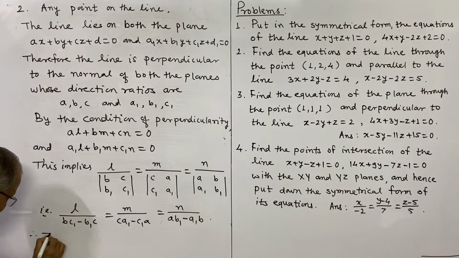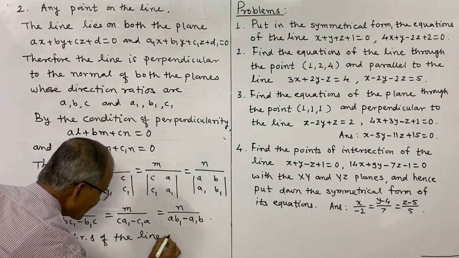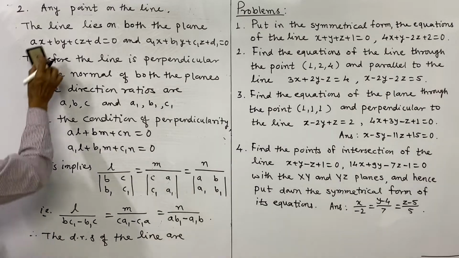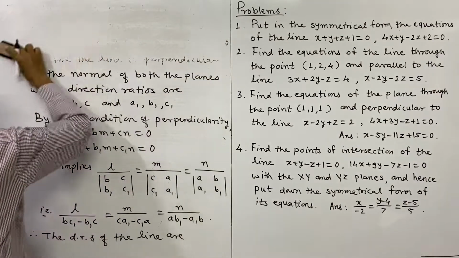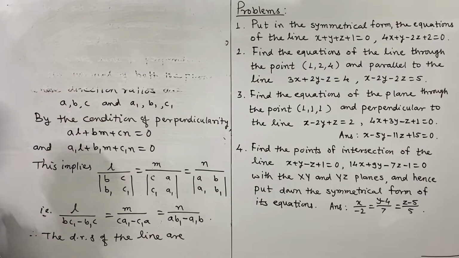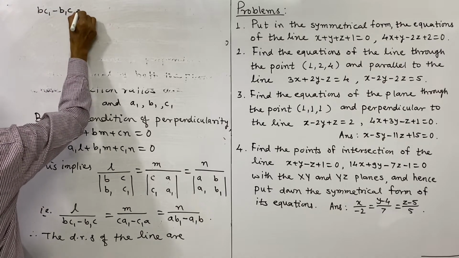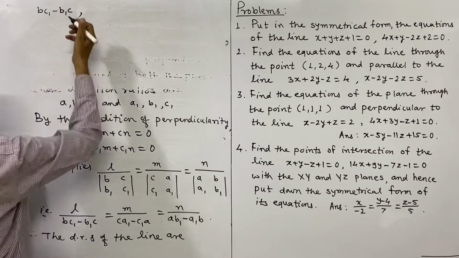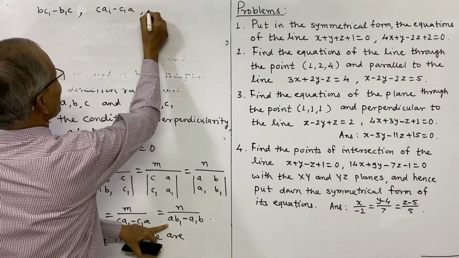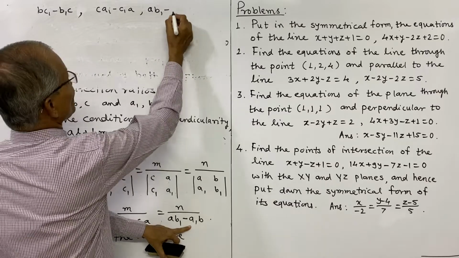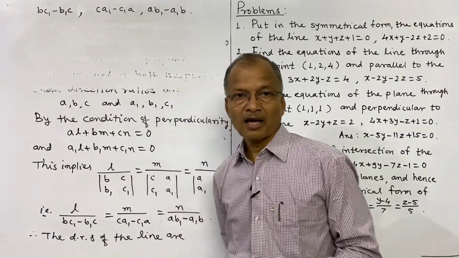So the DRs of the line that we have obtained are BC1 minus B1C, CA1 minus C1A, and AB1 minus A1B.